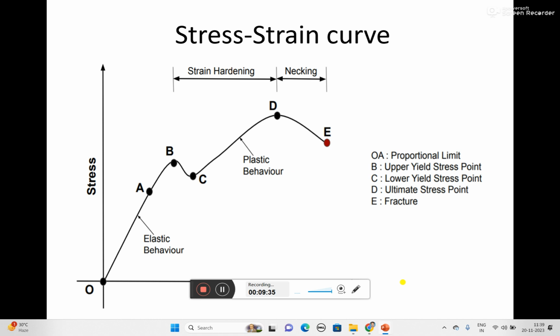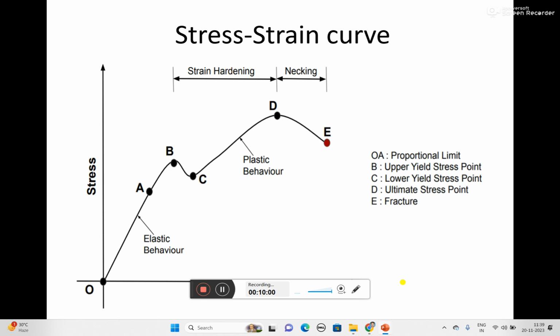So from point B, the entire zone comes under the plasticity zone. We also mentioned that there are some yield points, because after point B there is a permanent deformation. Plasticity zone is going to occur in this stress strain curve.